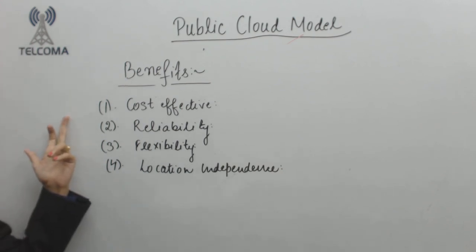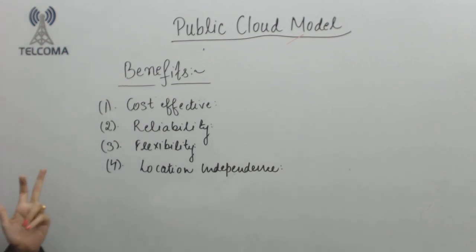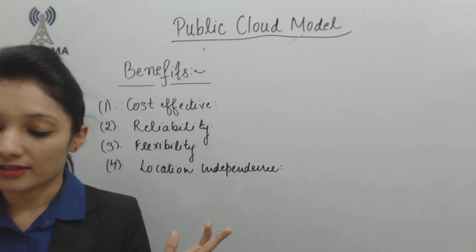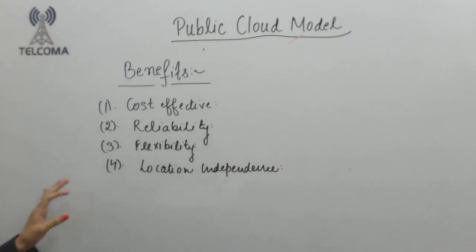So after cost effectiveness, reliability, flexibility, and location independence, the next one we have is utility style costing.